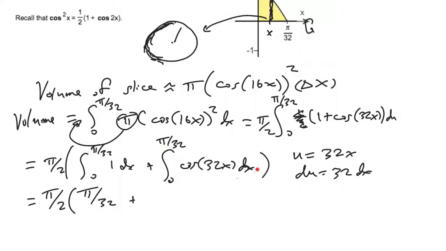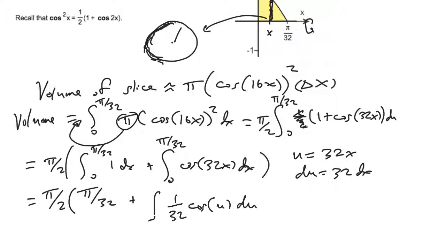If you were to draw a picture of this, you would see something that simplifies this quite a bit, which is that going from 0 to pi over 32 gives you a negative and positive part of this curve that are identical. I can tell from the symmetry, since I know what the graph looks like, that it's going to be 0. But let's go ahead and do it with our u-substitution just so we can see it all works out. With a u-substitution, I'm going to have 1/32 times cosine of u du.